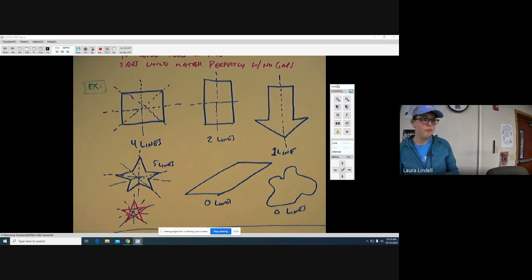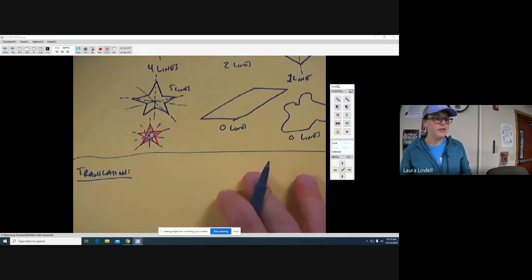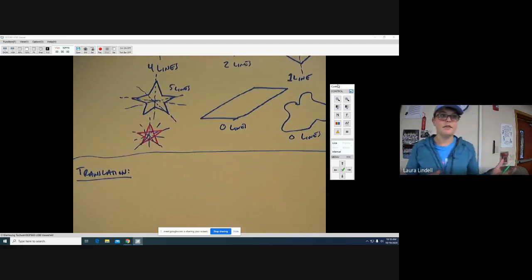In elementary or middle school, you might have heard translation called a slide transformation, because that's what we are doing when we're doing translation. We're just sliding the shape around. We are moving it around, and then your shape at the beginning should look the same as your shape at the end, just in a different location. So hopefully this will be super simple for us.